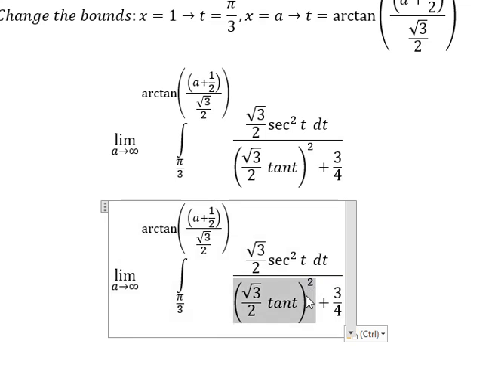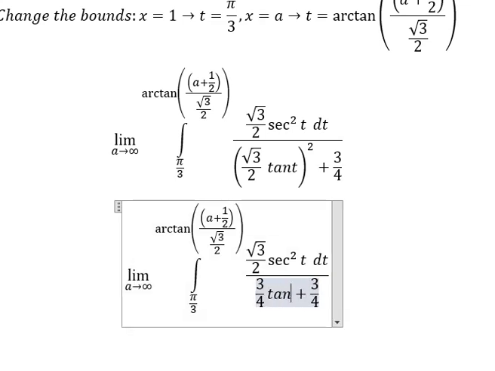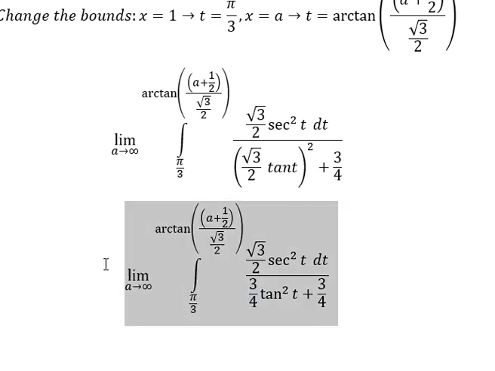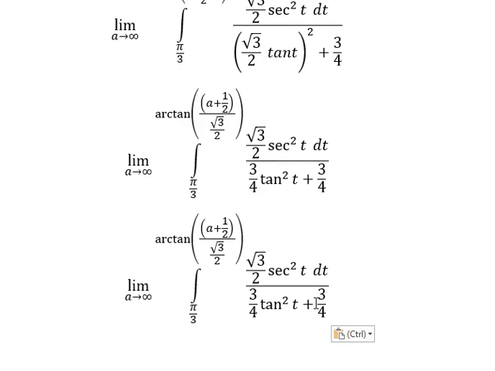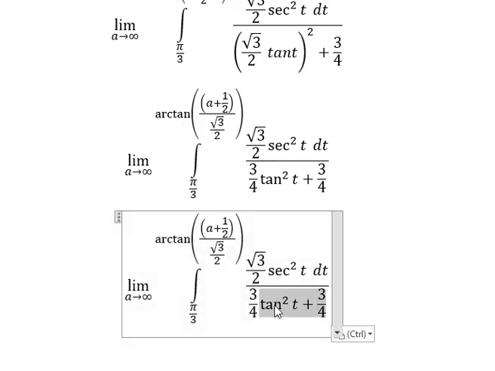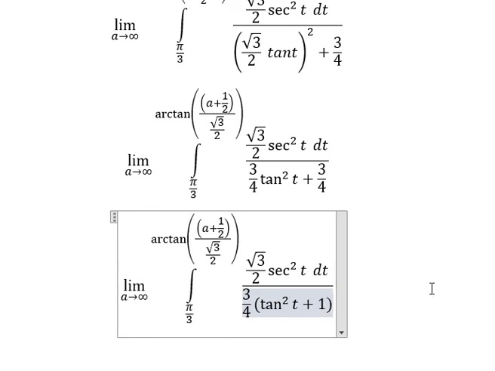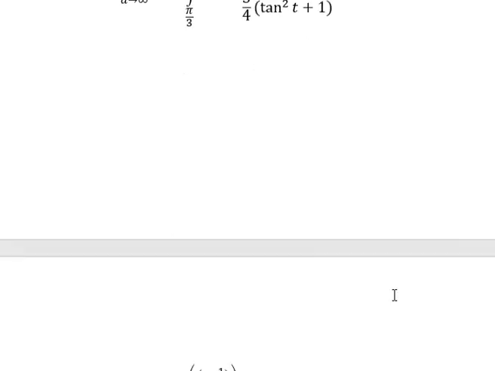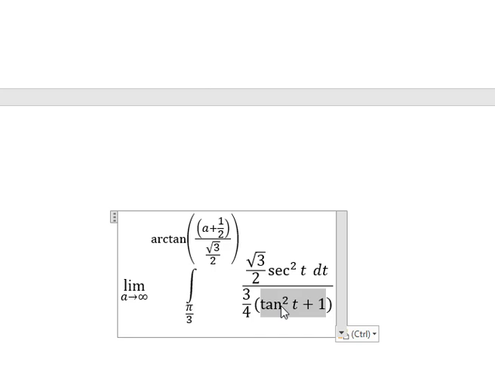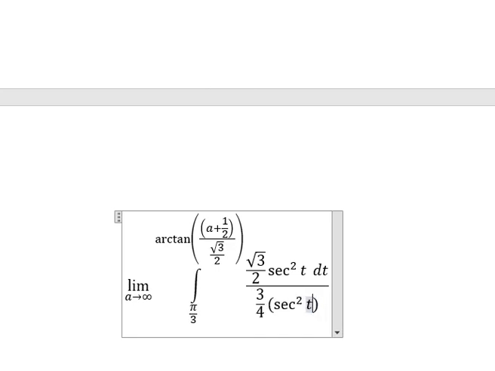So this one we have 3 over 4 times t squared. So 3 over 4, 3 over 4, we can do factorization. This one we change to secant of t squared.